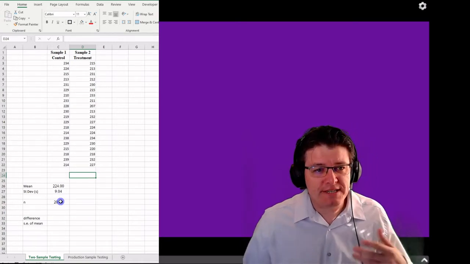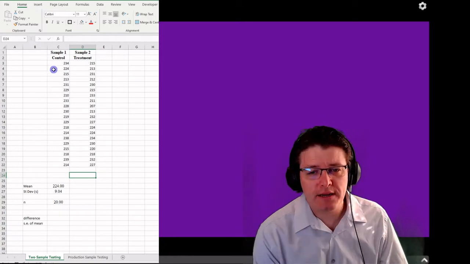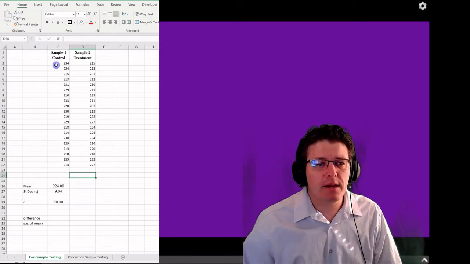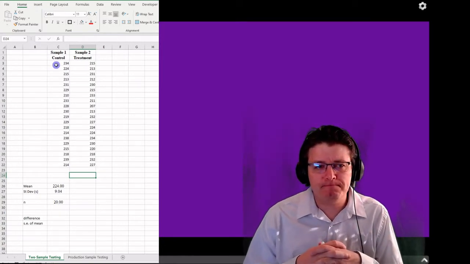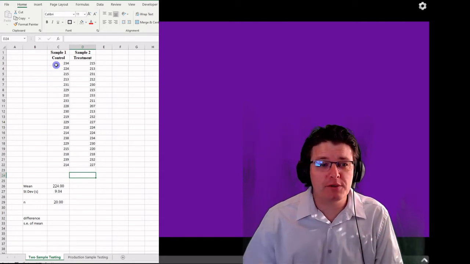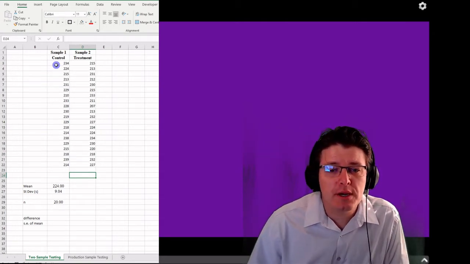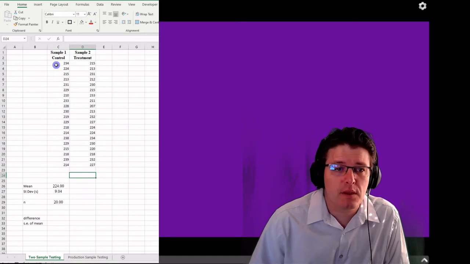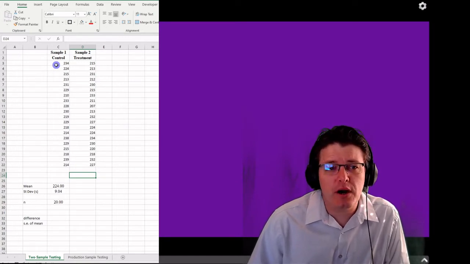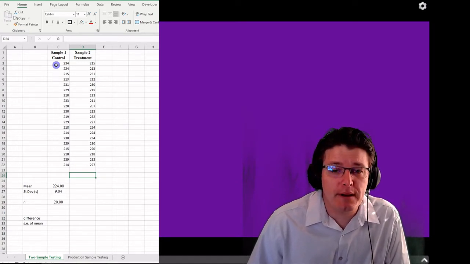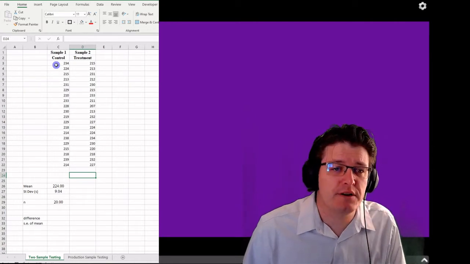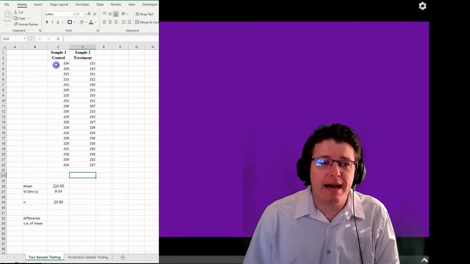And so we have 40 individuals, 20 of which are going to be the control, and 20 individuals we are going to have receive the treatment. So a very randomized control trial style.